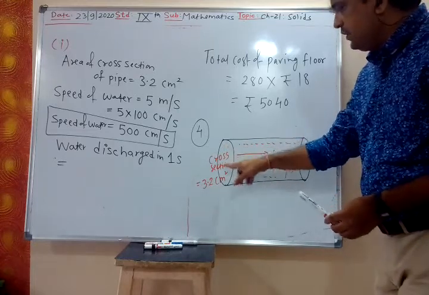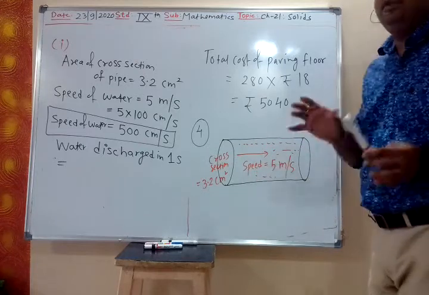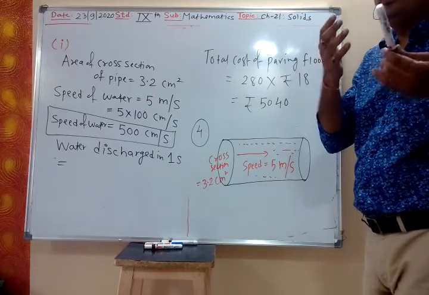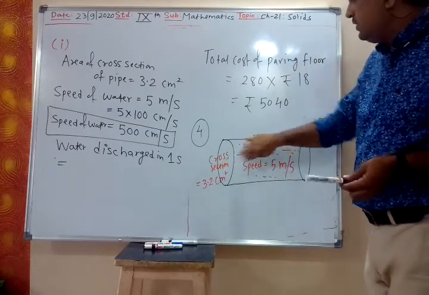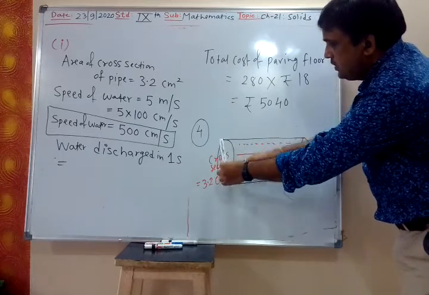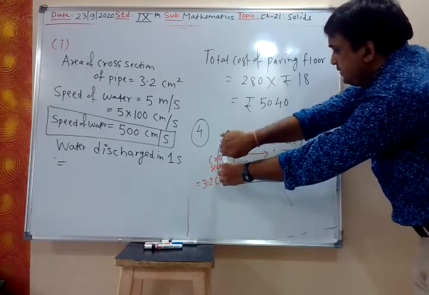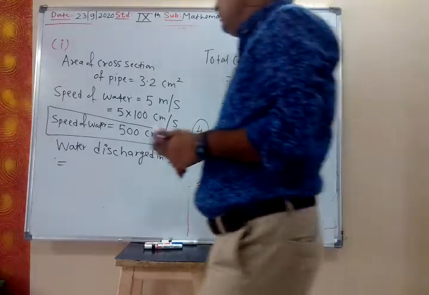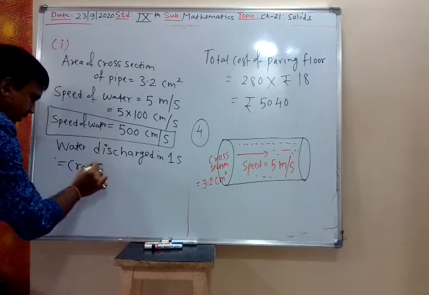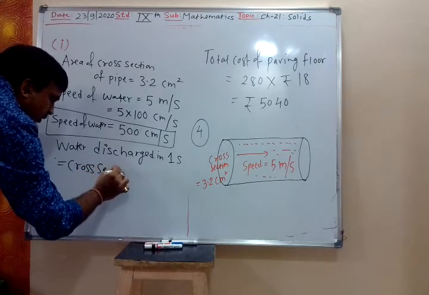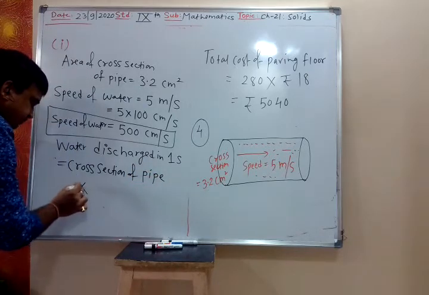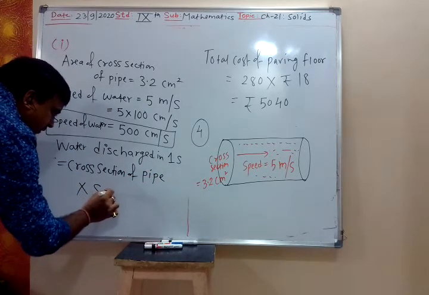The cross section of the pipe multiplied by speed of the water. Is it clear?